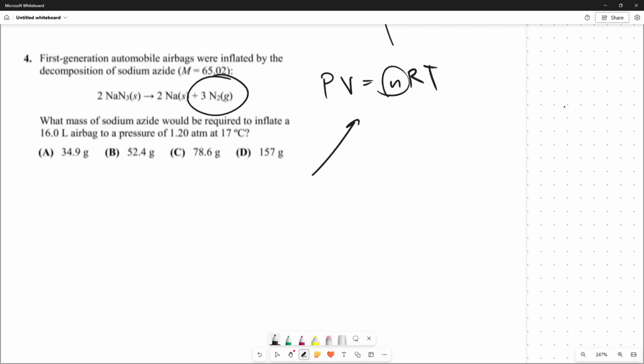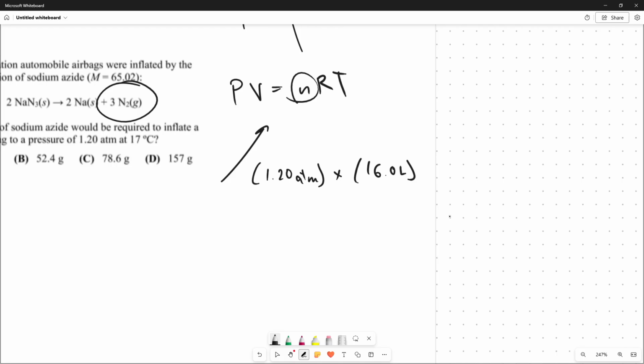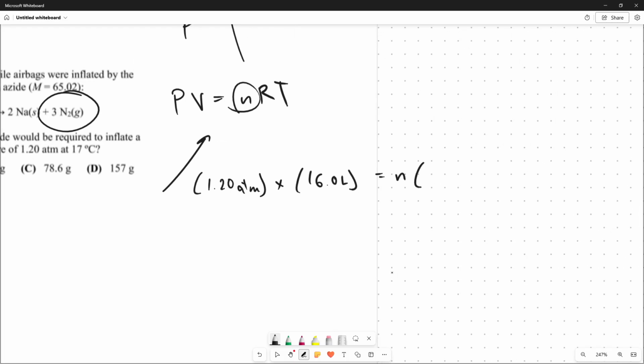So let's do that. We have 1.2 atm. Our volume is going to be 16 liters. Bad writing. And that's going to be equal to n times R, right?